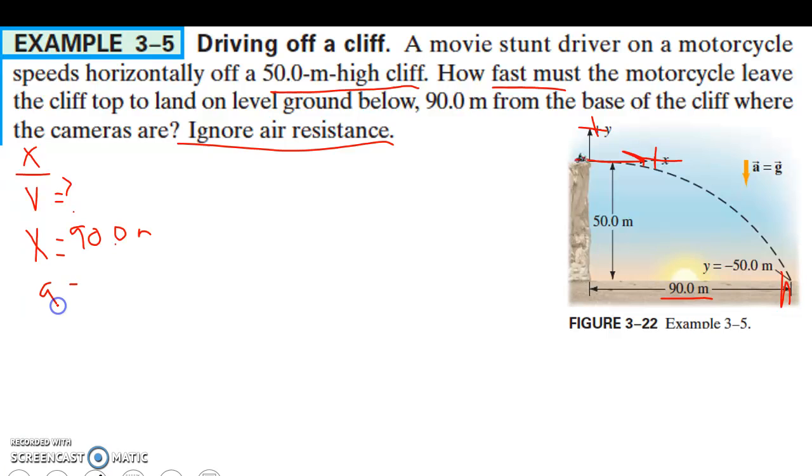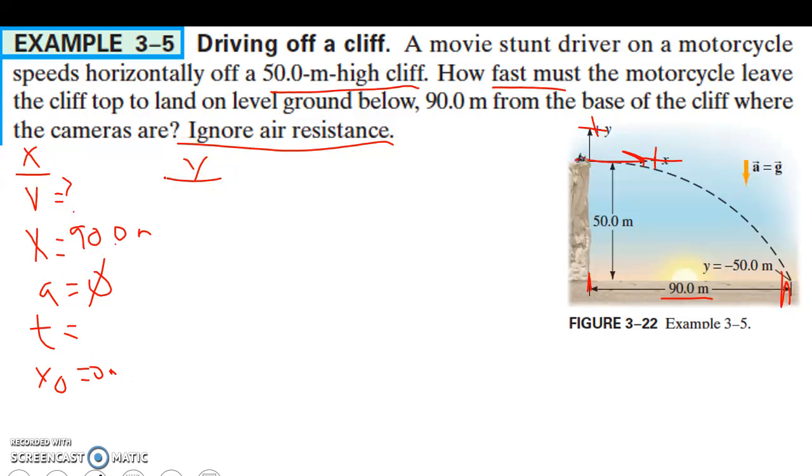My acceleration in the x is always 0. I definitely don't know time, okay? And then my initial position, because we're starting from here, I can also say 0 meters.